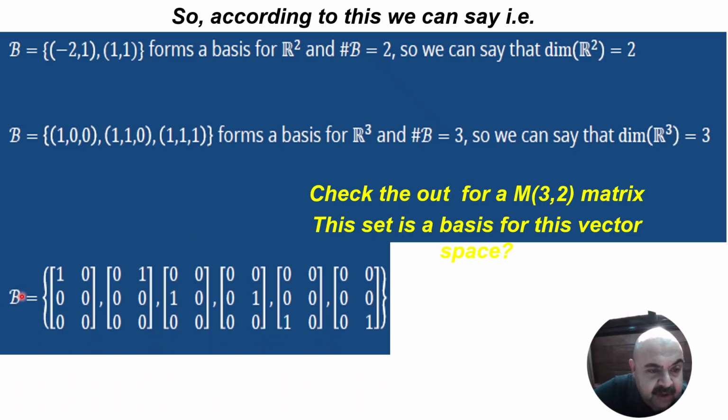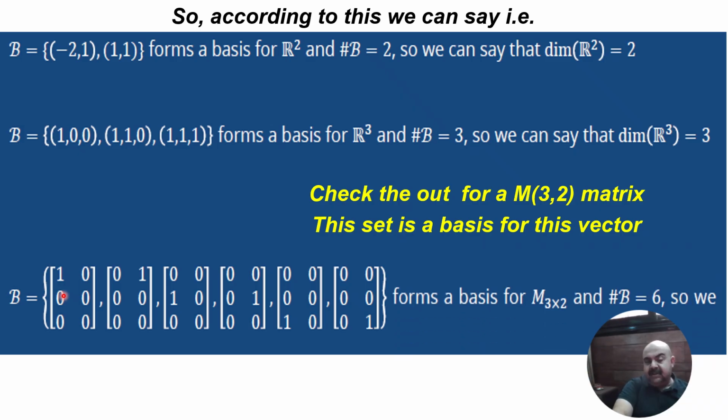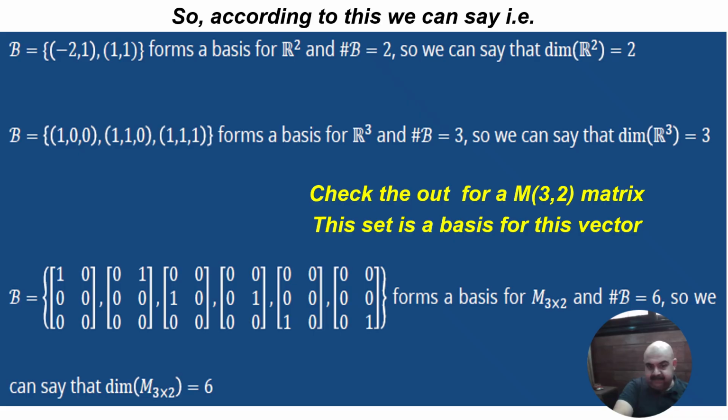And also for this matrix, which is 3 by 2, those are the generating matrices or the basis for this matrix. Simply, the dimension of a matrix is equal to the multiplication of its rows and its columns. So if I have 3 by 2, the dimension of this matrix is going to be 6.